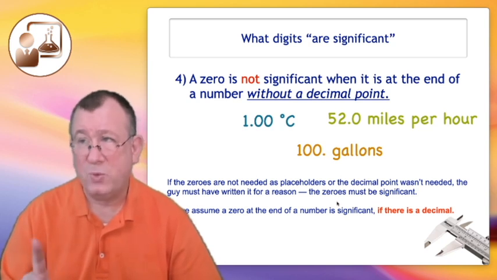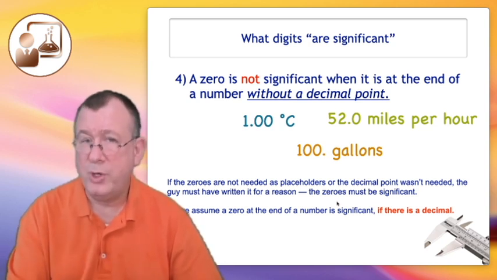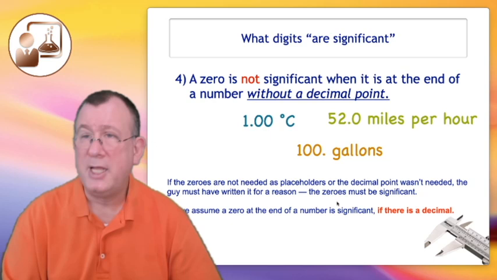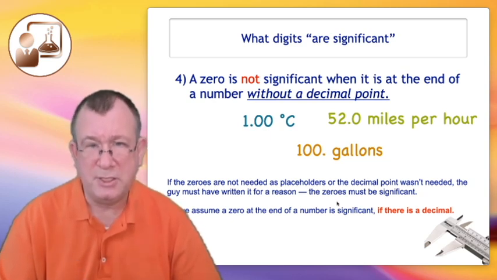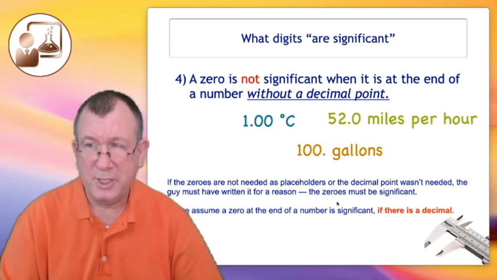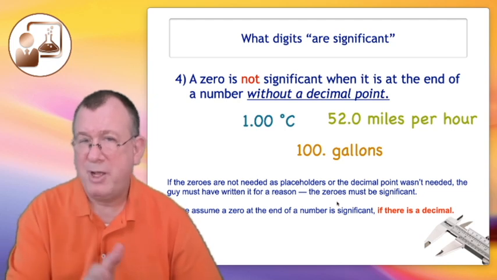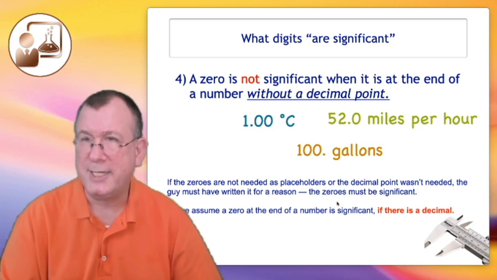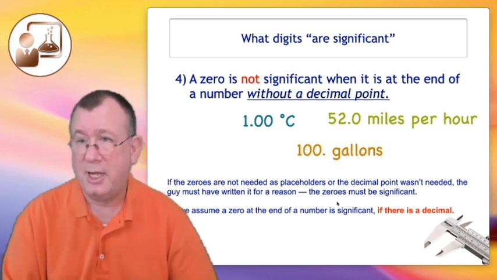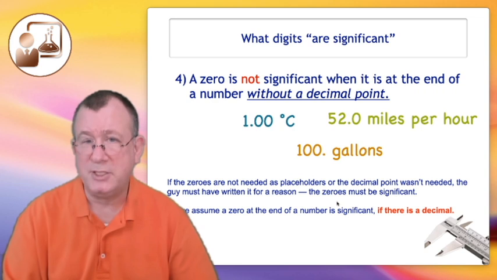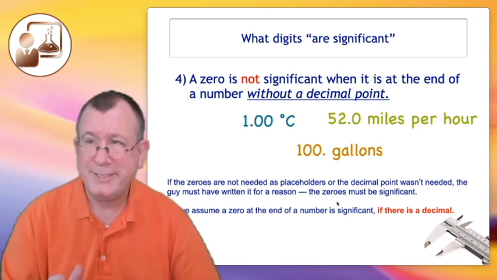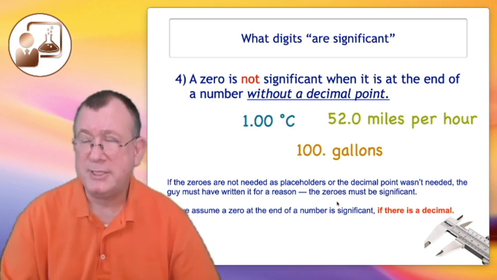100 degrees Celsius has 1 significant digit, but 1.00 degrees Celsius, hey, you tell me, how many significant digits do you see? There's 3, right? Those zeros, I can know they're significant because they're not placeholders. How about 100. gallons, with a decimal point? How many? I mean, 100 gallons is 1 significant digit, but 100 point, that's got 3 significant digits.